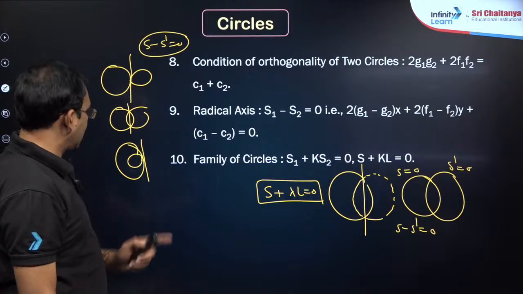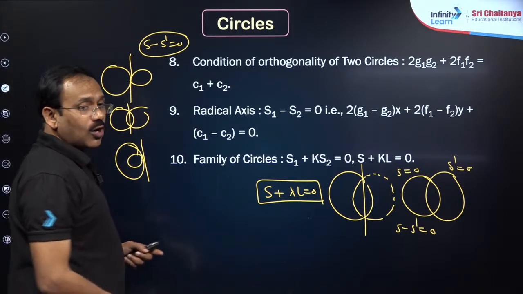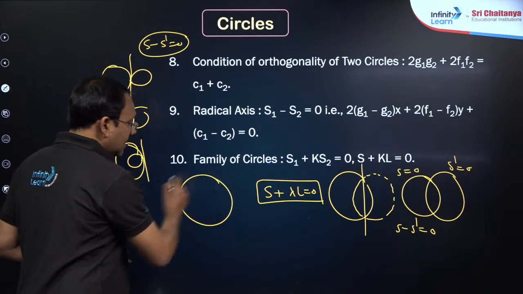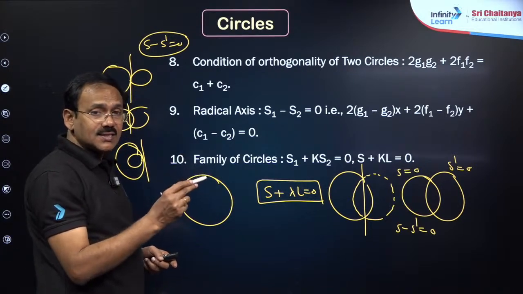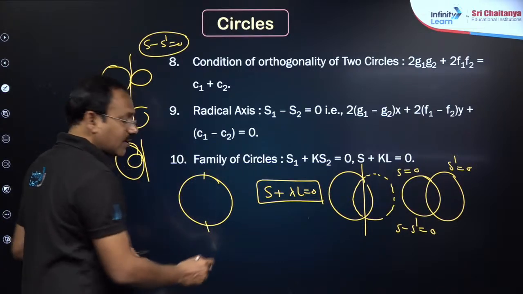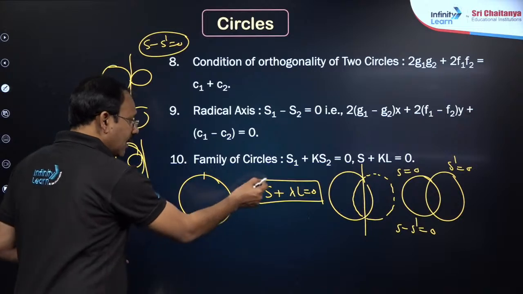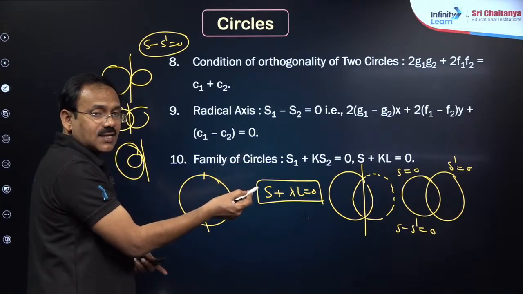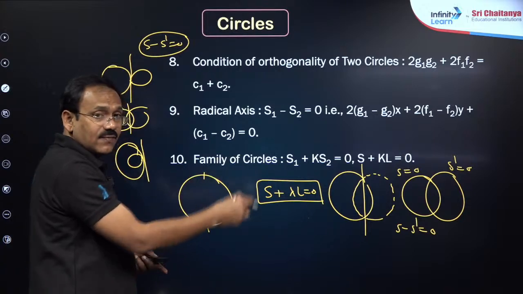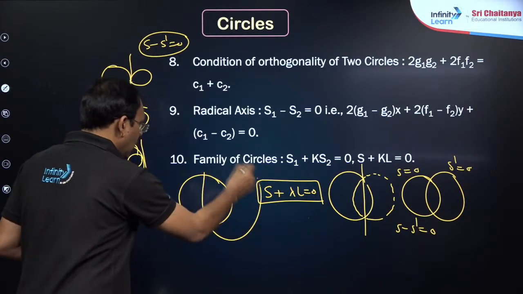Another point, dear students: a circle cuts the other circle such that it bisects the circumference into exactly half. So a circle cuts the second circle in such a way that the second circle's circumference is exactly halved.